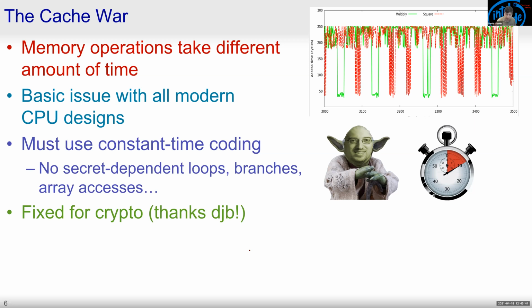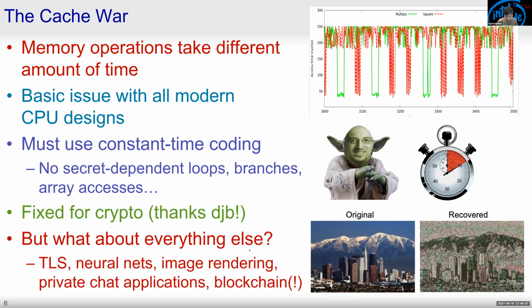There has been a tremendous effort by the cryptographic community to basically rewrite all of cryptographic code to be of constant time. A lot of this was done by DJB, Daniel J. Bernstein. But what about everybody else? Your TLS server, your neural nets, your image rendering hardware, your private chat applications, and let's not forget the blockchain.